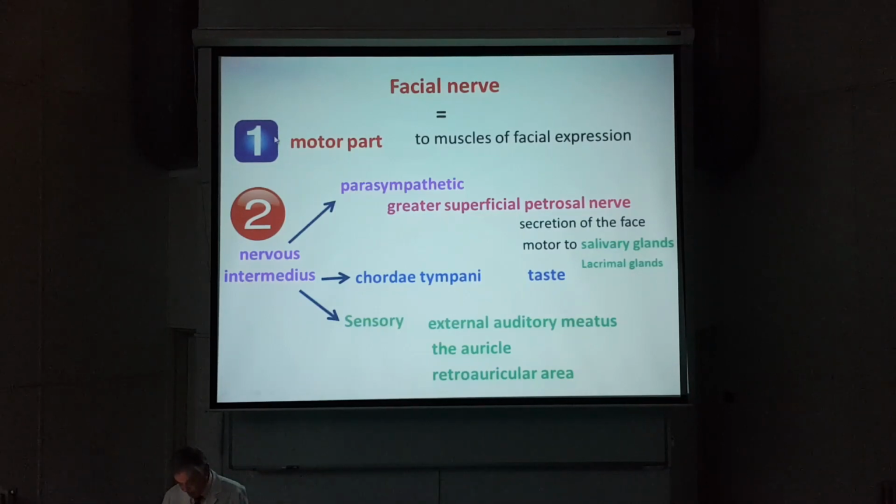So the facial nerve is the motor part, parasympathetic and sensory. Parasympathetic, special sensory, and somatic sensory belong to the nervus intermedius.